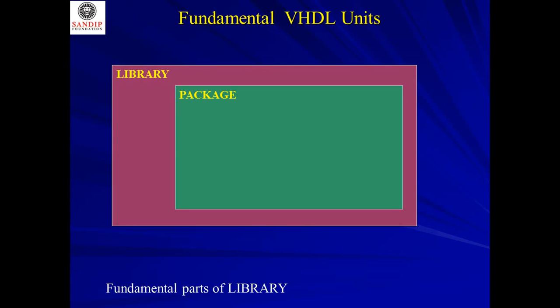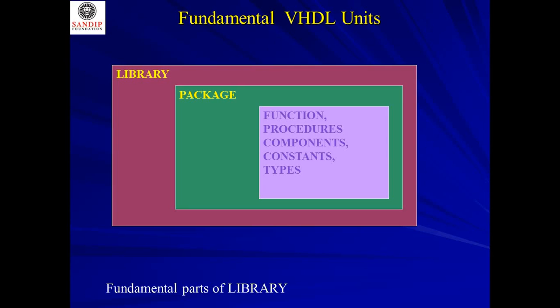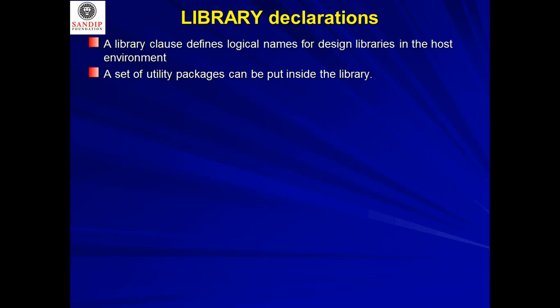Every library consists of different packages, and every package consists of different functions, procedures, components, constants and types which can be used inside the VHDL code. Hence, library is a fundamental part of the VHDL language. Now let's discuss how to declare the library.